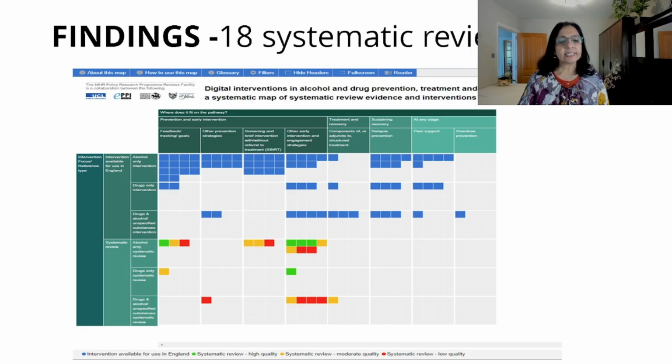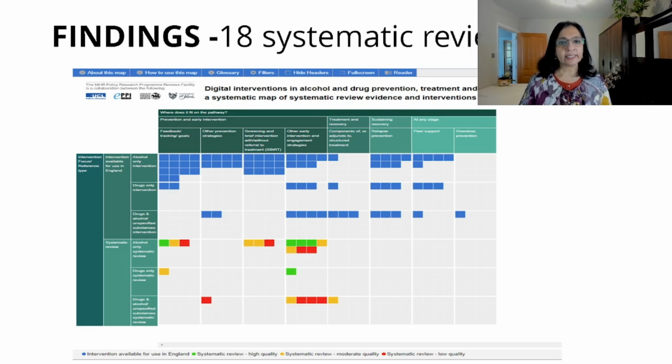You can see the blue square blocks in the map that represent the primary interventions, coded along the pathway of prevention, early intervention, treatment and recovery. In the x-axis the focus is on alcohol, drug, or alcohol and drugs, the target for these interventions.